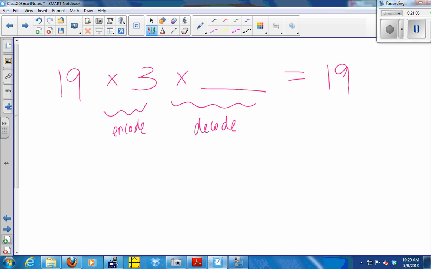When I encoded, I started with my 19 and multiplied by 3. Now I have to find something else to multiply by so I get my 19 back. So my encoding and decoding factors, multiplied together, have to be like multiplying by 1 in order to get the 19 back, because 19 times 1 will give me 19.